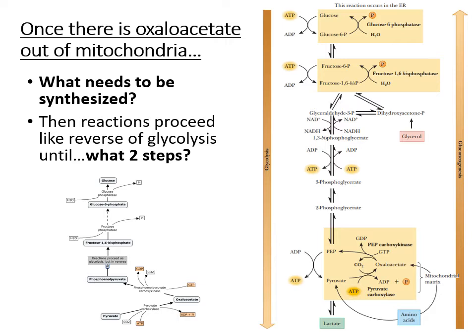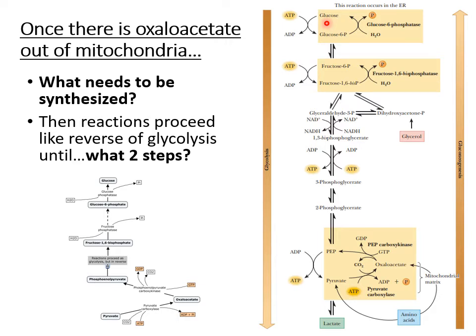Now that we've seen that conversion to get us to the oxaloacetate in the right location outside of the mitochondria in the cytosol, we can take a look back at what's actually occurring in gluconeogenesis. So remember, in this figure, if you go downward, you're looking at glycolysis, and if you go upward, you're looking at gluconeogenesis, because gluconeogenesis goes from lactate or pyruvate all the way to glucose.